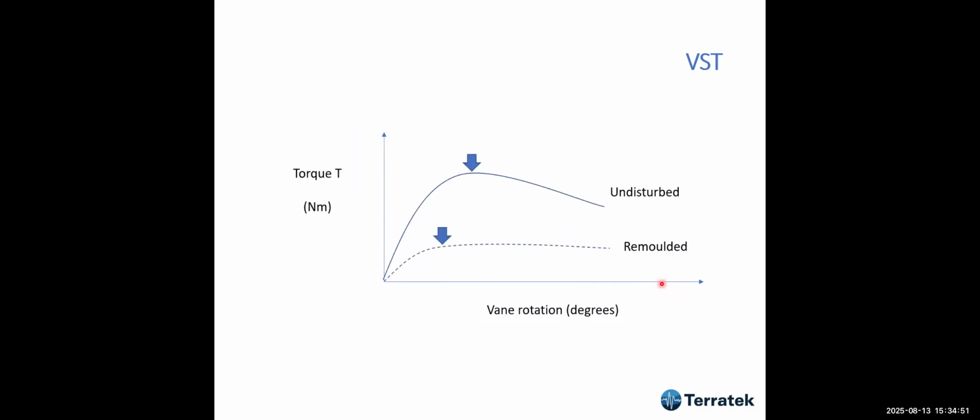One undisturbed, and then this depends on the standard, but in most cases you give the vane 10 full rotations. You rotate the vane 10 times, and then you do another test, and you get the remolded value of undrained strength.